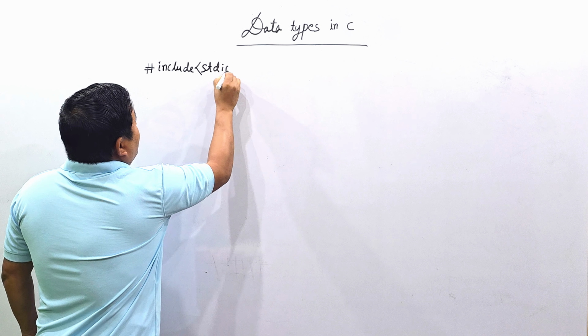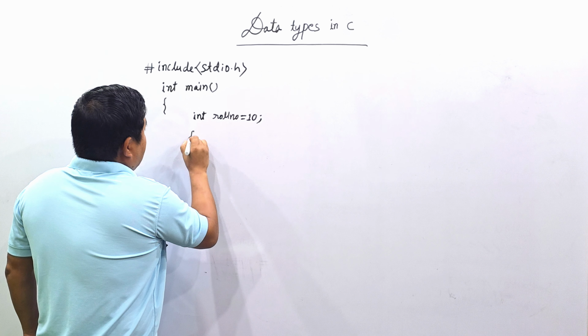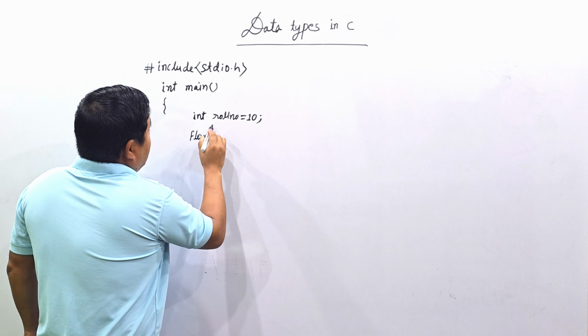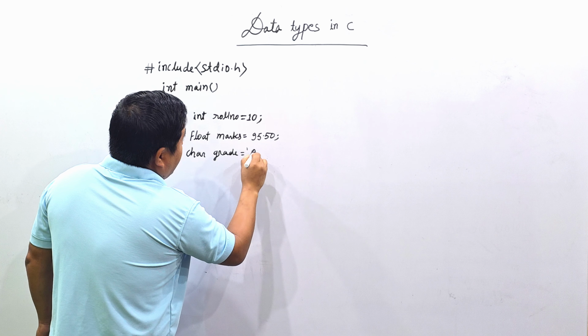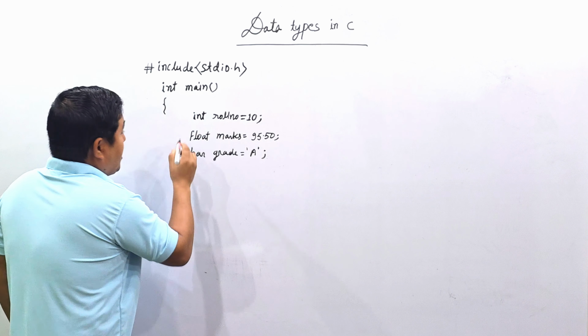Open curly braces and close curly braces, and here the declarations: int roll number equal to 10; float marks equal to 95.50; char grade equal to single quotation mark A; Now we print all of this.